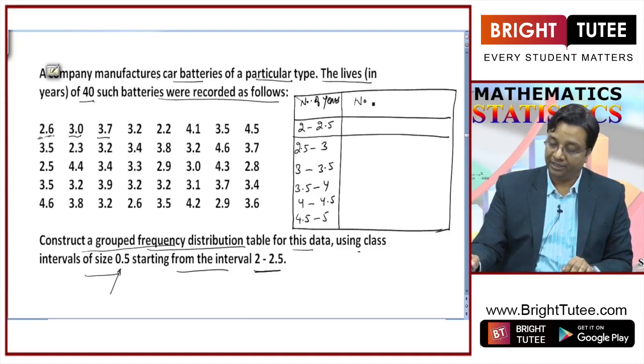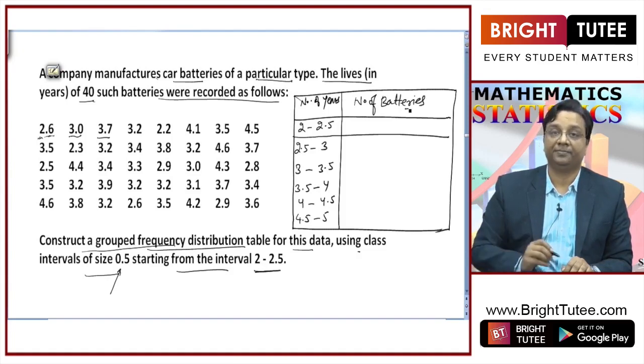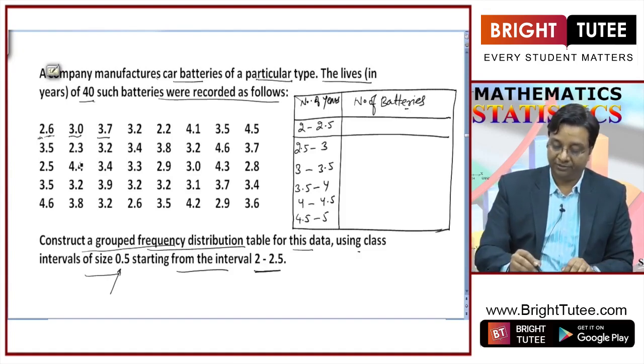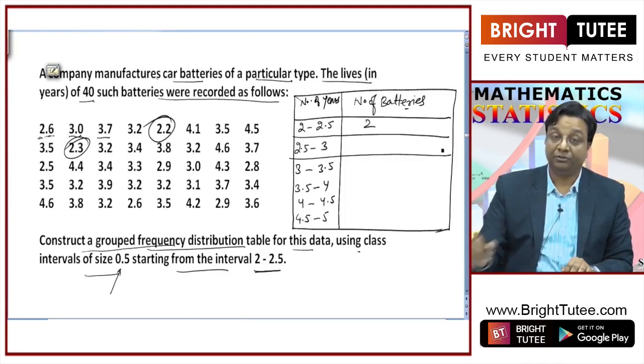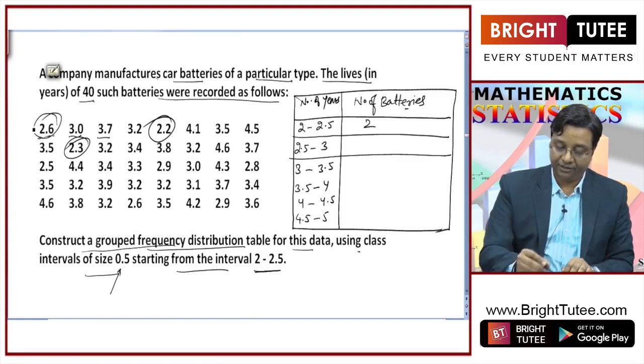So number of batteries, or you can say frequency. Between 2 to 2.5, how many batteries? 1, 2. 2.